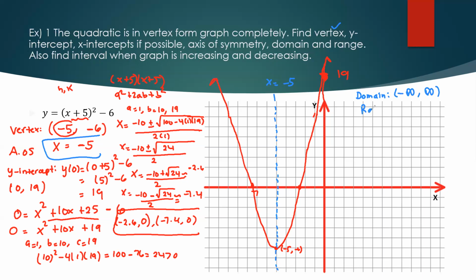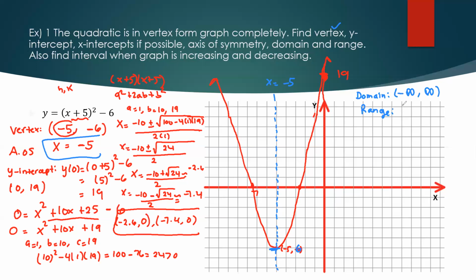The range is all the y values. So we write it from smallest y value to largest. It's related to your vertex, which is negative 5 comma negative 6. Our smallest y value is negative 6.